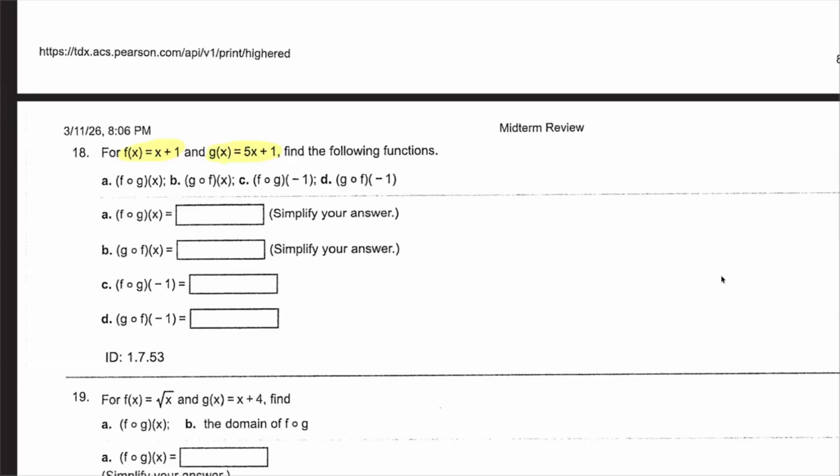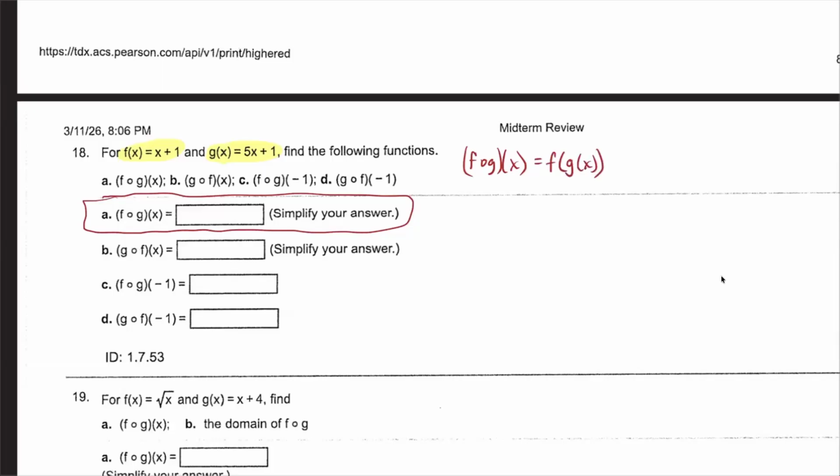The first piece, part A, says find f composed on g. And it's this notation. Sometimes they'll write it like this, f of g of x, like that.